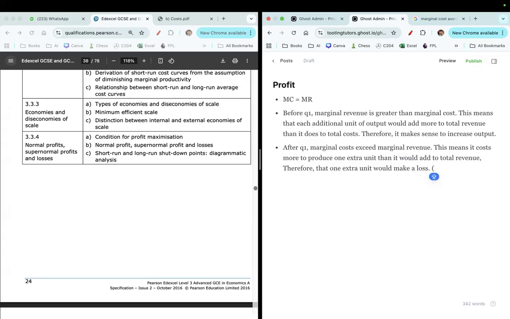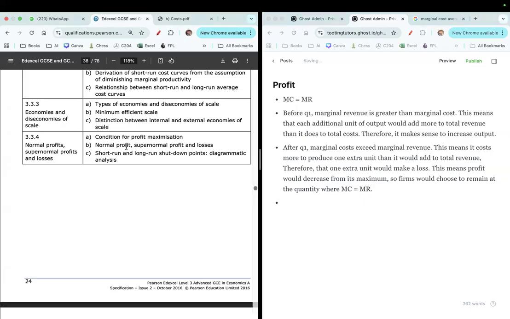The business is not making a loss now. It's still making a profit, but the profit has gone down from its maximum. Does that make sense? Perfect. This means profit would decrease from its maximum. So firms would choose to remain at the quantity where MC equals MR.